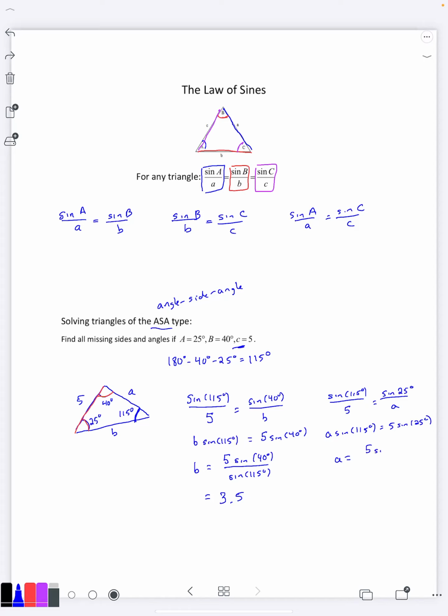We get 5 sine of 25 degrees over sine of 115 degrees. And this will give me the following answer, 2.3. And now I have all the missing sides, all the missing angles, and I have completely solved this triangle. So this is the standard way you're going to handle an ASA type triangle.